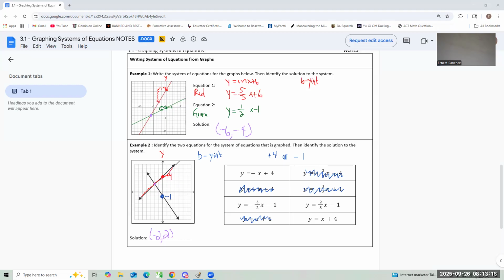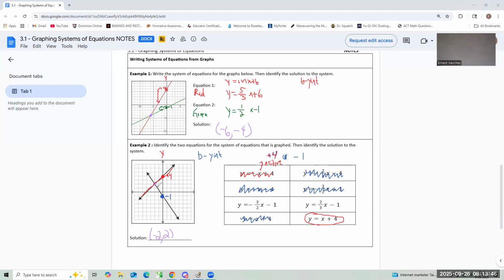If it's going up, is this a positive slope or a negative slope? This is a positive slope, isn't it? So the number in front of x should be positive. This is negative. That's not positive, so that's wrong. So this is your answer for the top line.